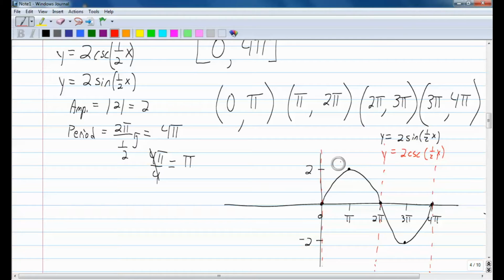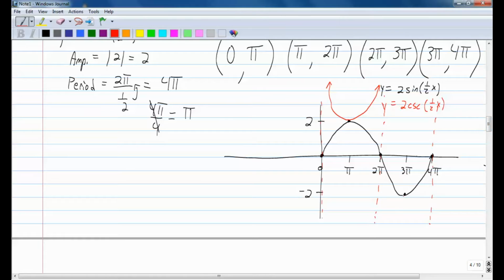So it's going to be everything greater than or equal to 2 and everything less than or equal to -2. The way we can draw that, at every high point, you draw a U-shaped graph going up that approaches these vertical asymptotes, and at every low point, you draw a U-shaped graph going down.